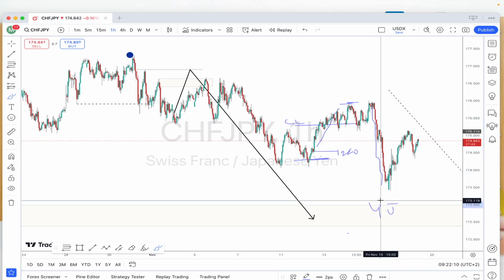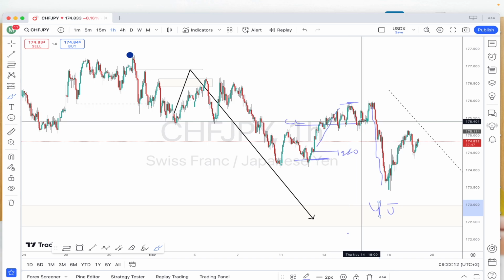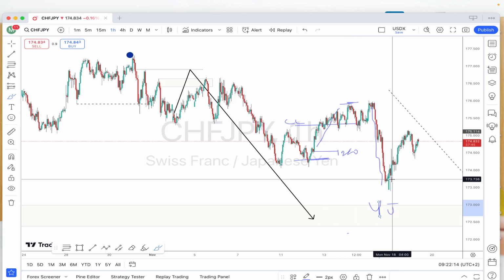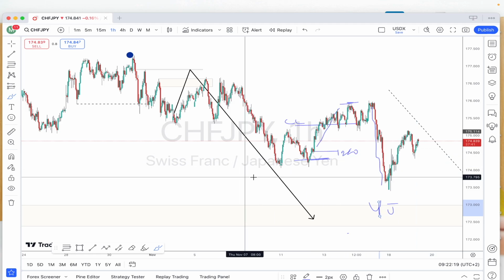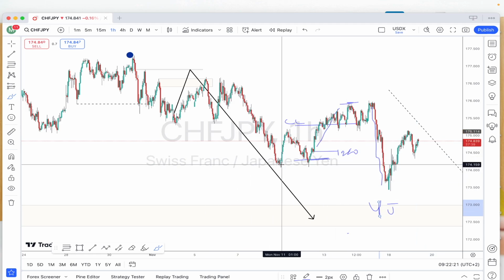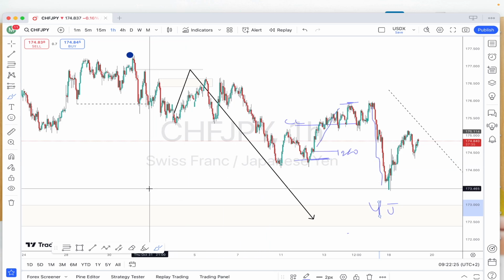That's the reason why I had to close my trade. But it was also a good trade. My advice again: if you are trading this, you're supposed to also look at USD JPY. It will help you understand what the market is actually doing.